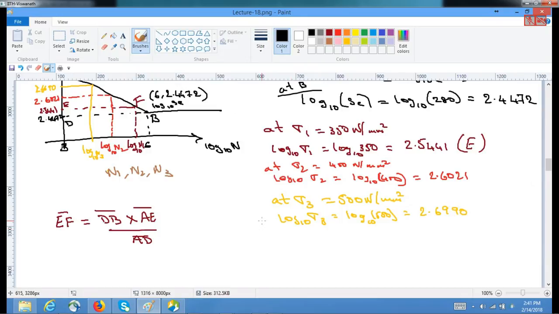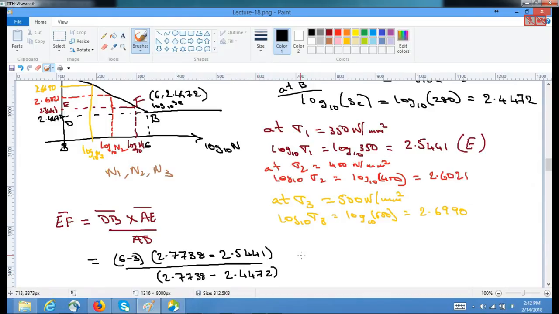So on calculation based on that, DB bar is nothing but 6 minus 3, and AE is 2.7738 minus E, which we already calculated, 2.5441, divided by AD, which is 2.7738 minus the point D where the endurance limit will touch, which is 2.4472. That will give us EF.